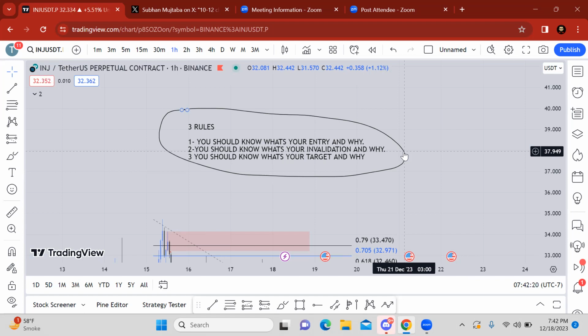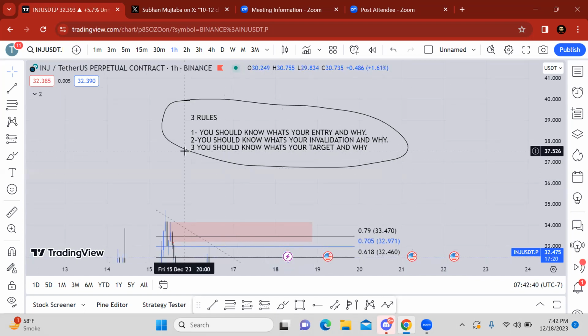If you keep tight risk management, and you know these three rules, why you are taking the entry, what's your entry, what is your invalidation, what are you targeting. If you skip one of these things, you will be in big trouble.